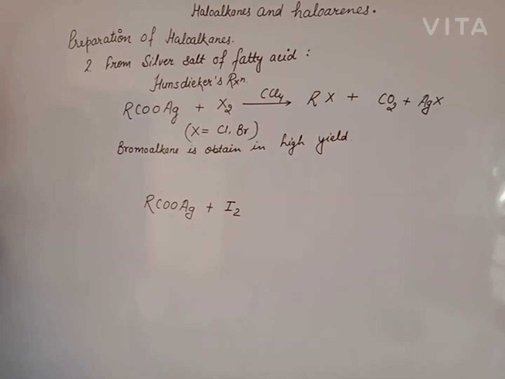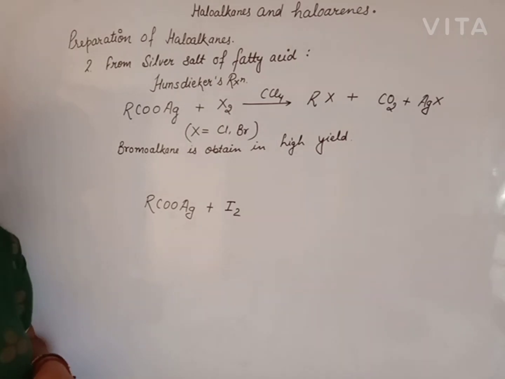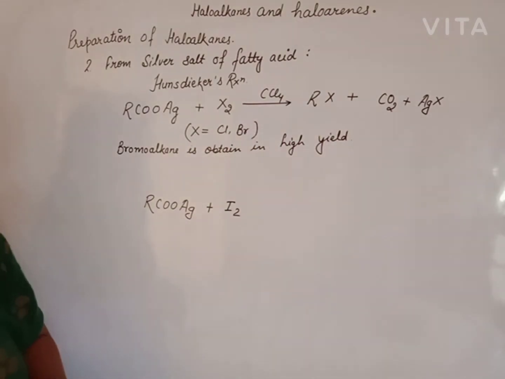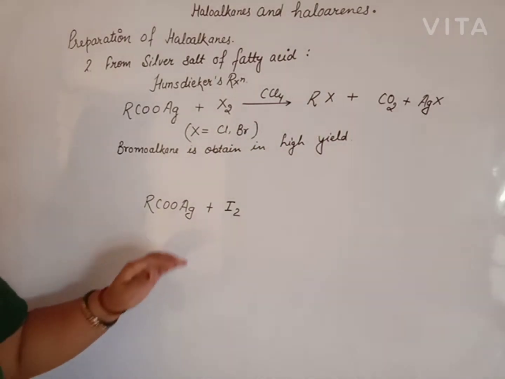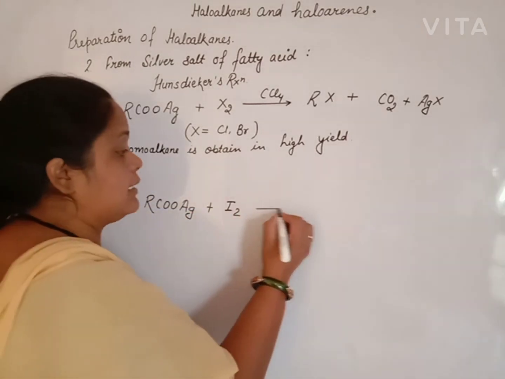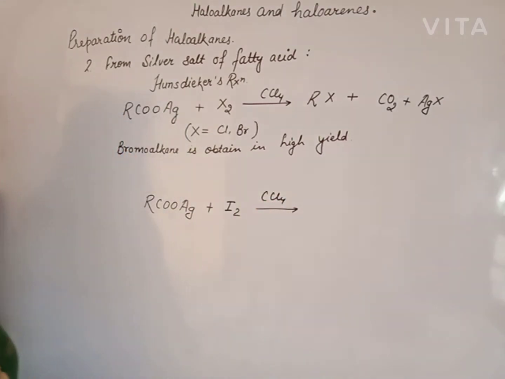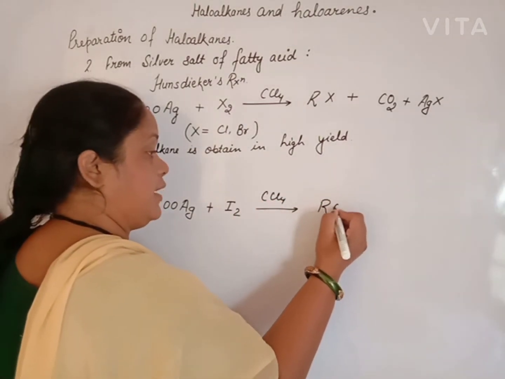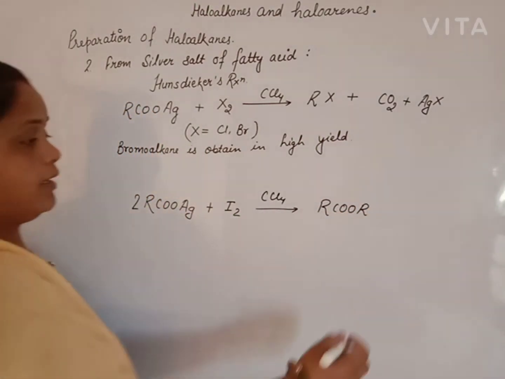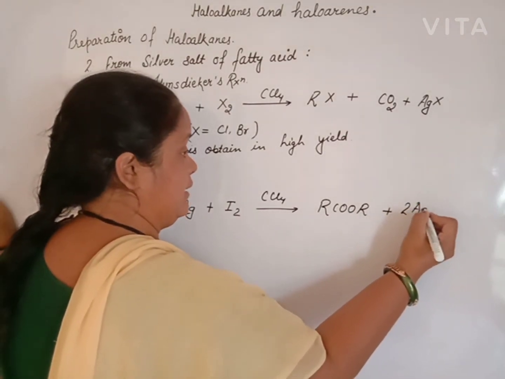a number of students give the answer iodoalkane. Better know, if we use iodine, it follows another mechanism in which haloalkane is not obtained. If haloalkane were formed, then we would mark it also. But I have not marked it, because when iodine reacts with the silver salt of fatty acid under similar conditions, it follows another mechanism and we get ester. 2 moles of the silver salt are used and 2 moles of AgI.